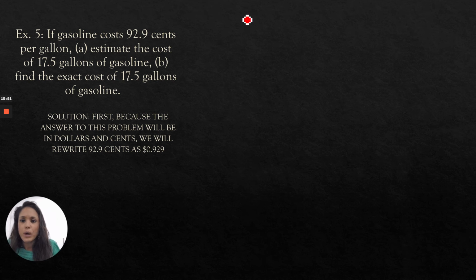Now, 92.9 cents. Let's turn this into a dollar. So to turn this into a dollar, we need to move this decimal over 2 times. Okay, we need to move it over this way. So then this becomes basically 92 cents, okay?